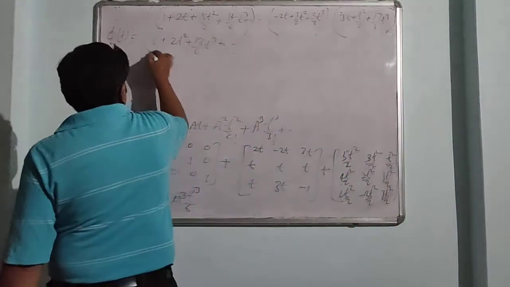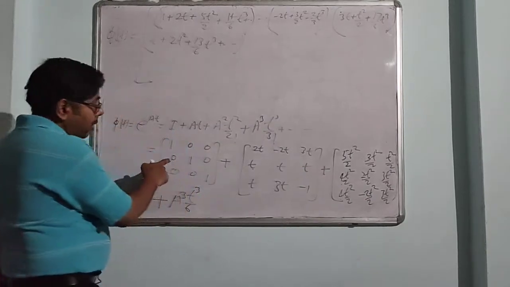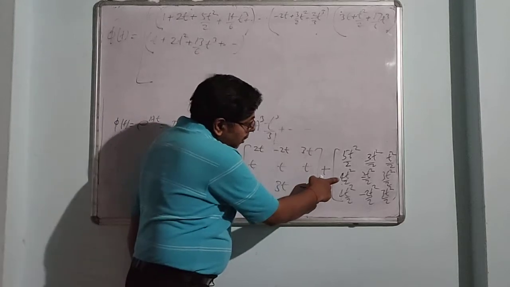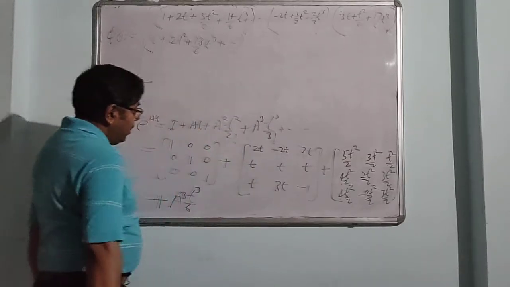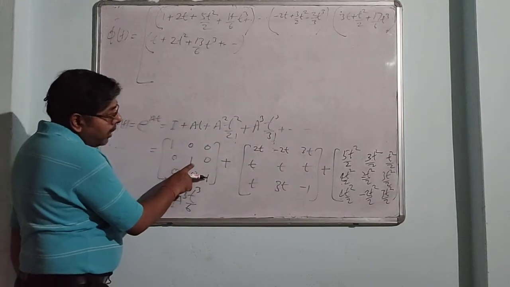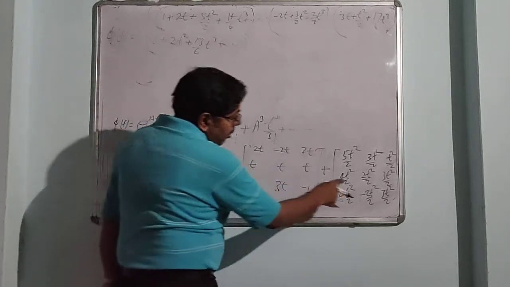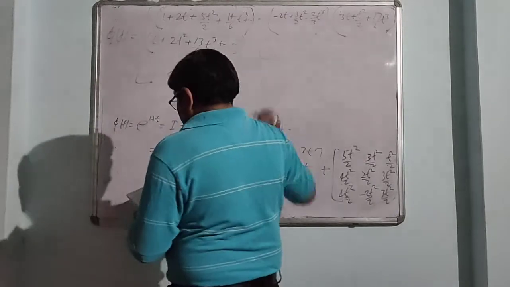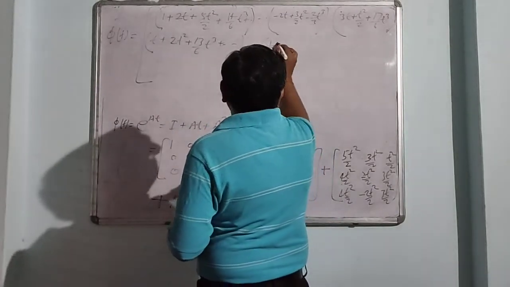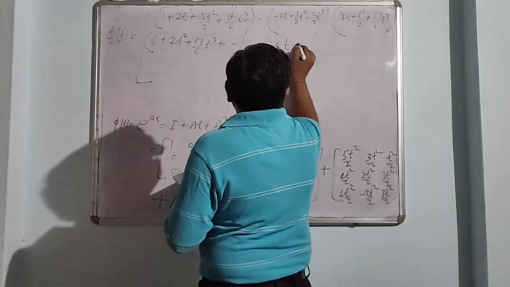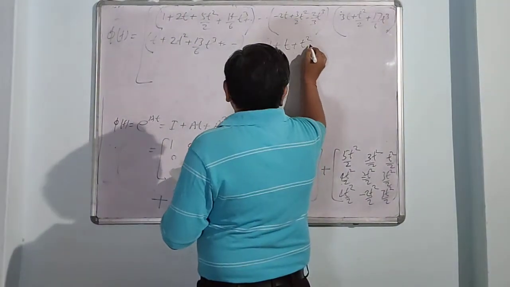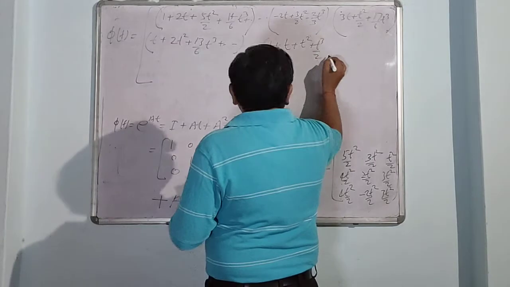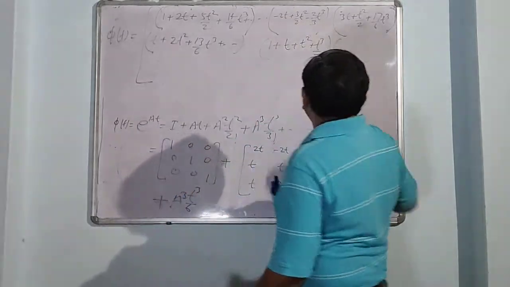Similarly for the next term, 1 plus t plus 2t square by 2. So here the next term is 1 plus t plus t square plus t cube by 2. So this is the next term.